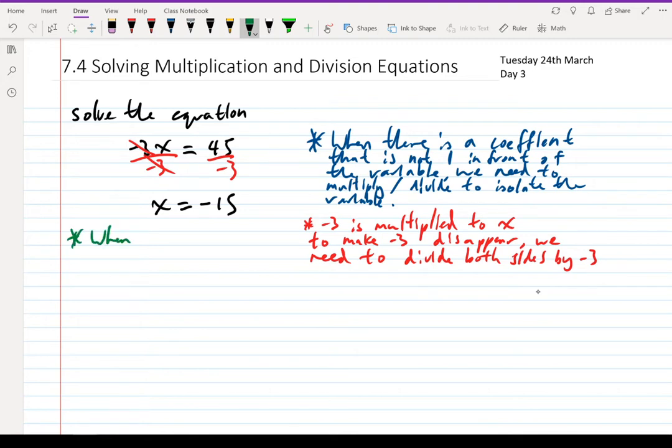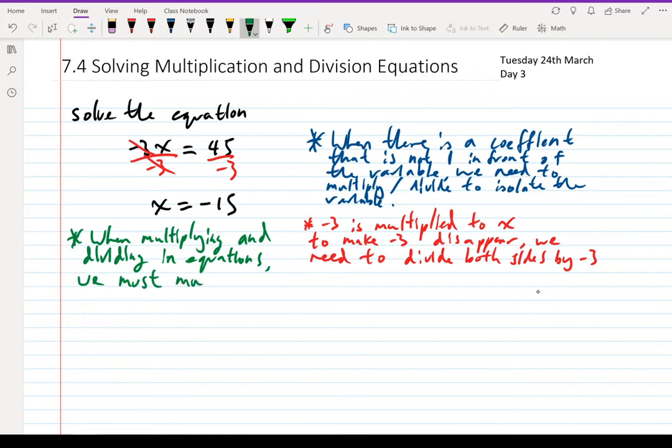When multiplying and dividing in equations, we must multiply or divide the whole expression on both sides. What do I mean by we must multiply and divide the whole expression?